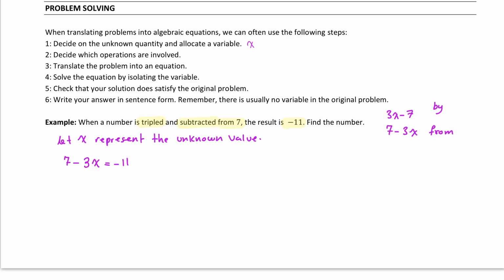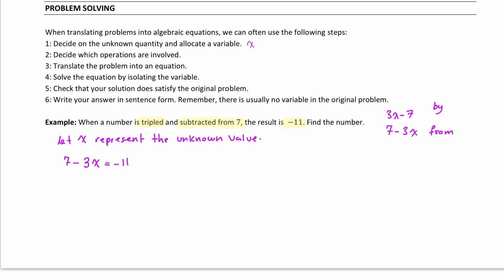Once we have our equation, we can see that we have one unknown and we have one equation. So we can go ahead and solve for that. And this is how we can do that. First of all, we're trying to isolate the negative 3x term. So to do that, we need to get rid of this 7 over here.